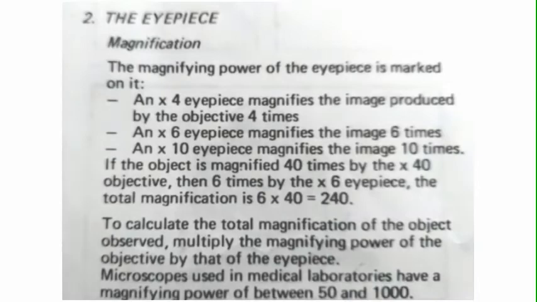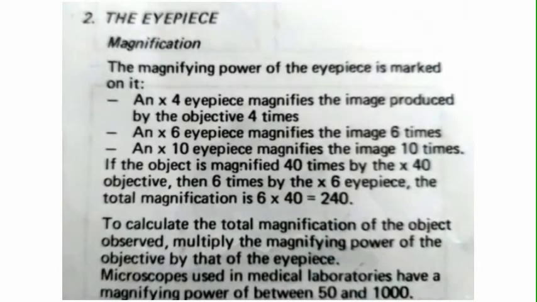The second part, eyepieces. Their magnification is: 4x eyepieces magnify the image produced by the objective 4 times, 6x eyepieces magnify the image 6 times, and 10x eyepieces magnify the image 10 times.